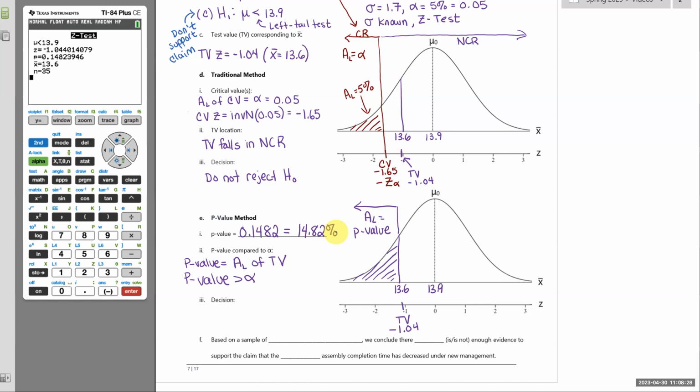And that does match my visual because 14.82%, so this area, 14.82% is bigger than alpha, which was 5%. So the values numerically agree with my visual. So 14.82% is indeed bigger than my alpha.